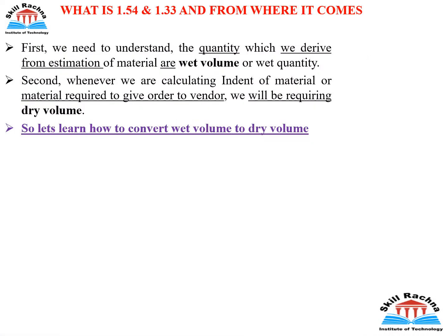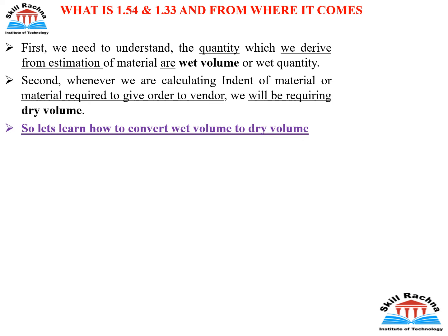So what is 1.54 and 1.33 and where does it come from? Let's first understand what is wet volume and dry volume, and then we will see where we get those values. For that, we need to remember two important points. First, the quantity which we derive from estimation of a material is the wet volume, or the wet quantity.